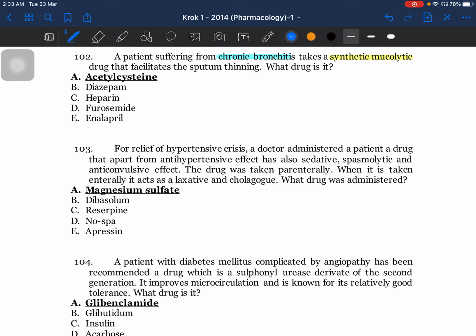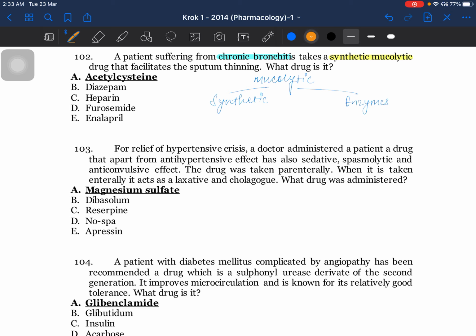Now, we all know that the mucolytic drugs are divided into synthetic and enzymes.